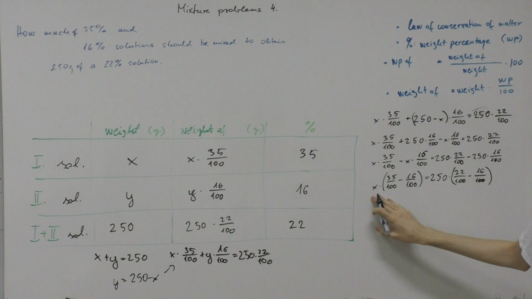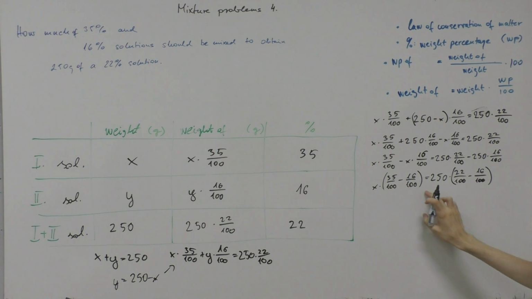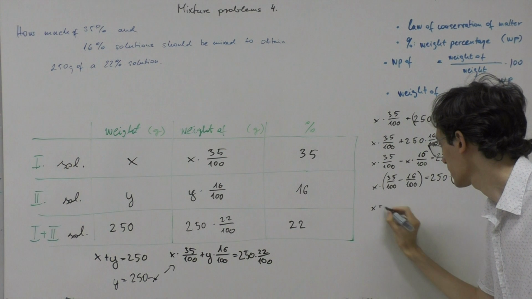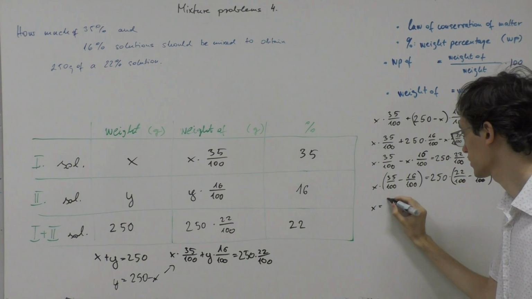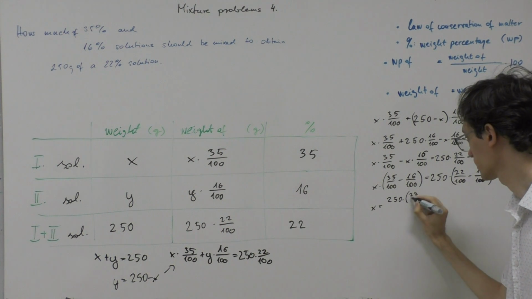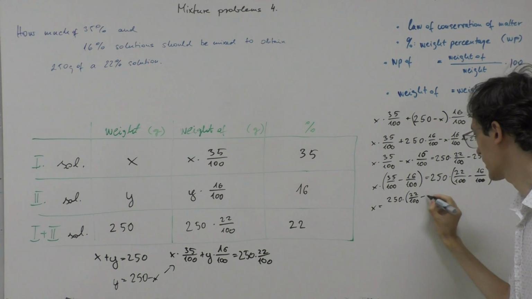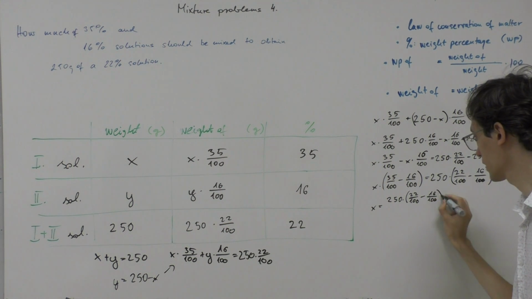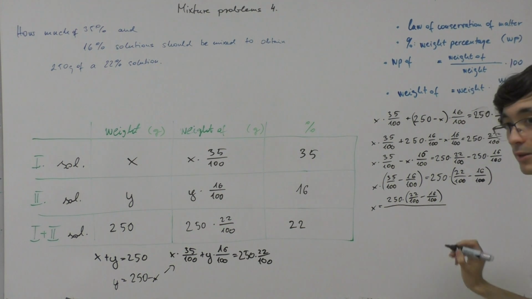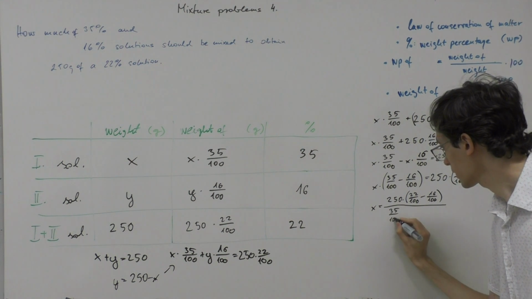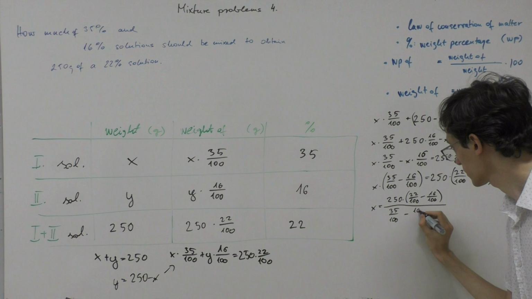And now, to get the value of x, we must divide by this number, and we get x equals 250 times 22 over 100 minus 16 over 100, and all of this divided by 35 over 100 minus 16 over 100.